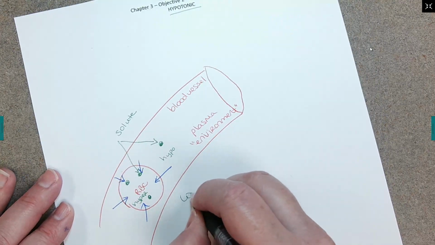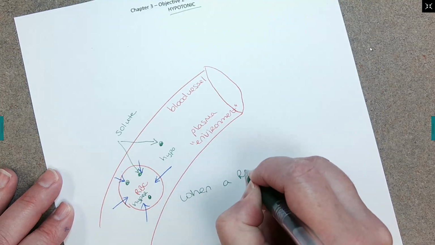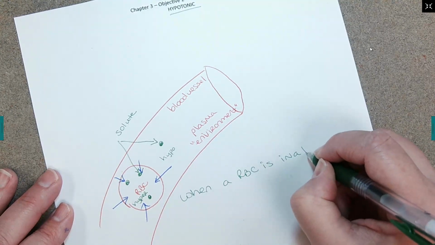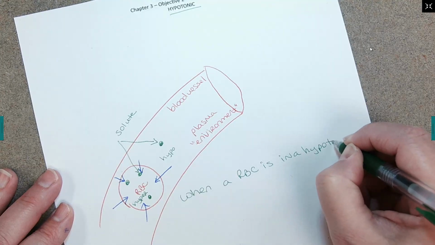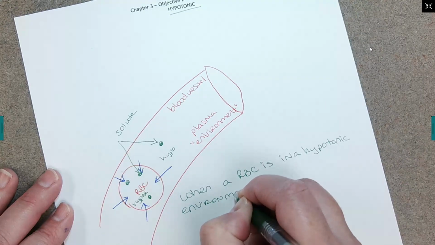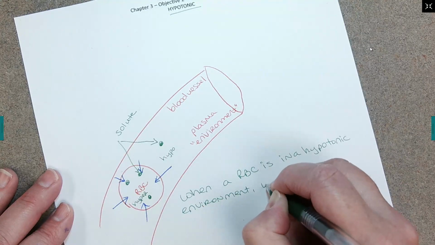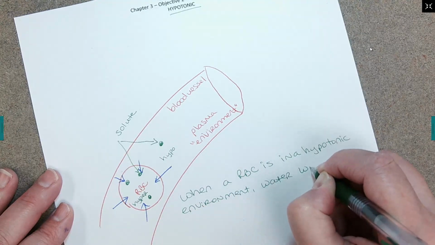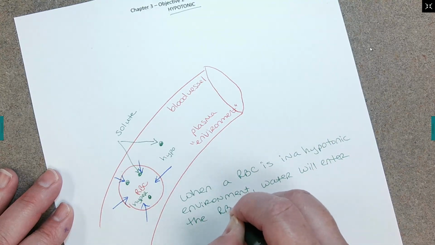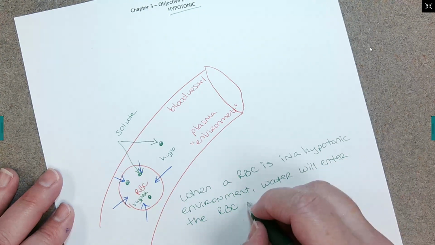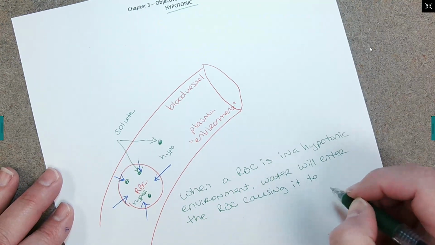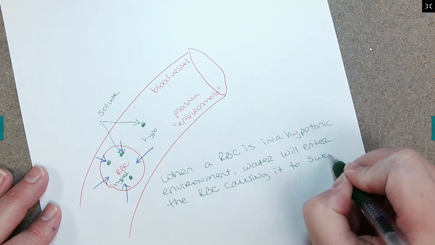So when a red blood cell or any cell is in a hypotonic environment, water will enter the red blood cell, causing it to swell.